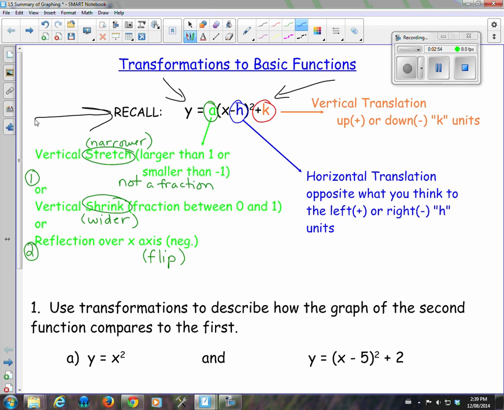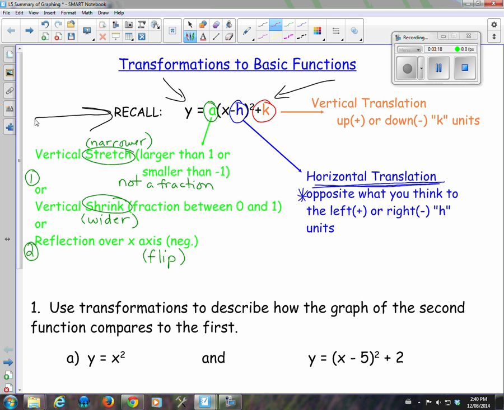When there's a number added or subtracted inside of the bracket and squared, it's called a horizontal translation because it moves the graph across, right or left. And it's special because it's always opposite what you think. A positive will move the graph to the left, and a negative will move the graph to the right.